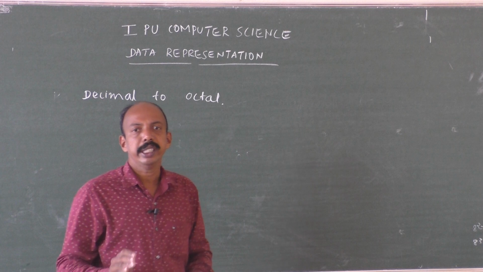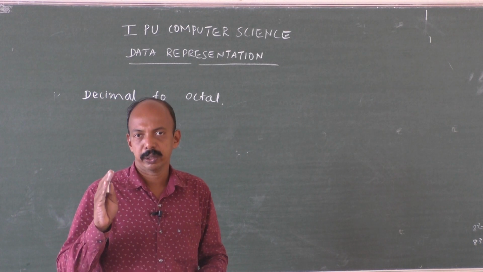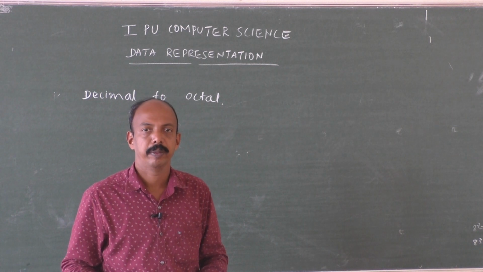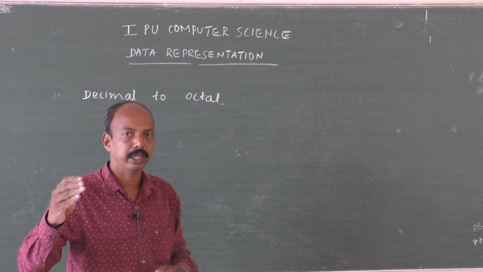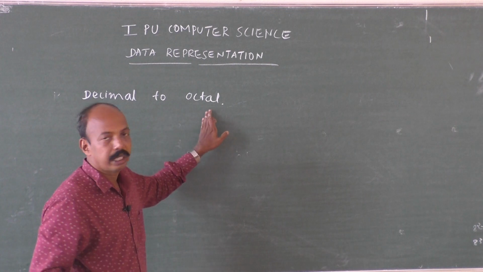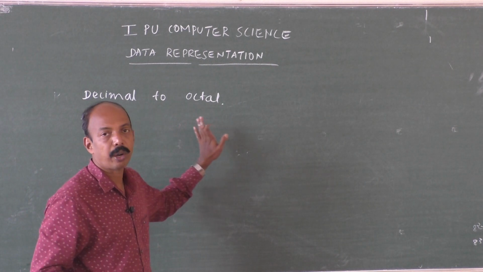Note down the quotient and remainder. Keep on dividing the quotient till the quotient becomes 0. Then from bottom to top, whatever remainders you got, write down that. That will be the octal number which we have converted from decimal to octal.